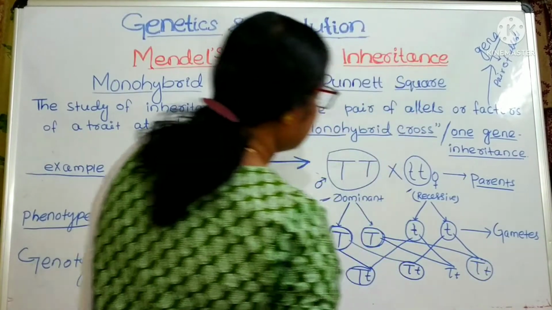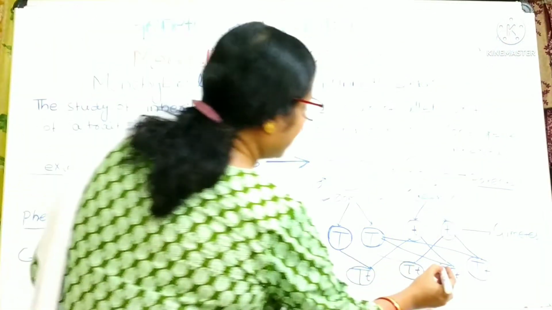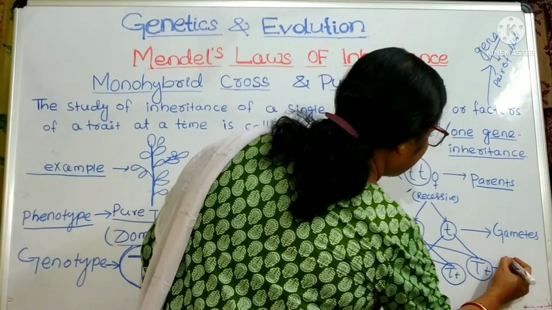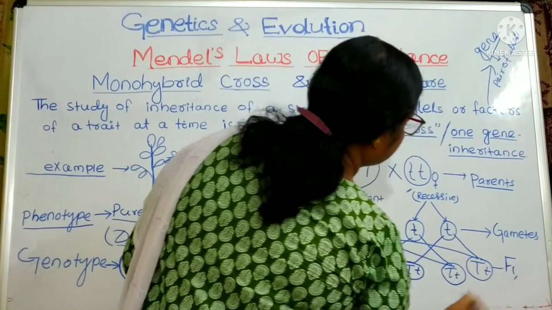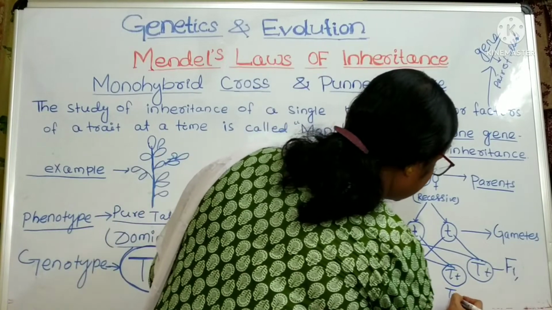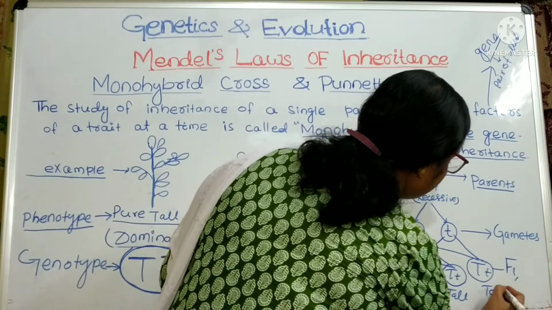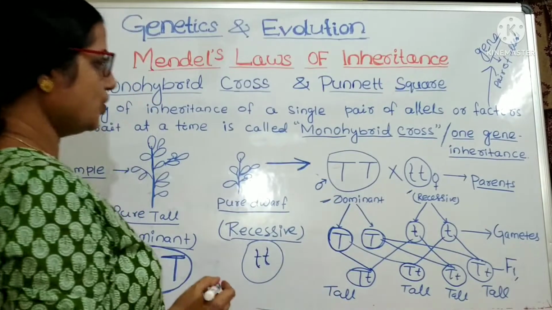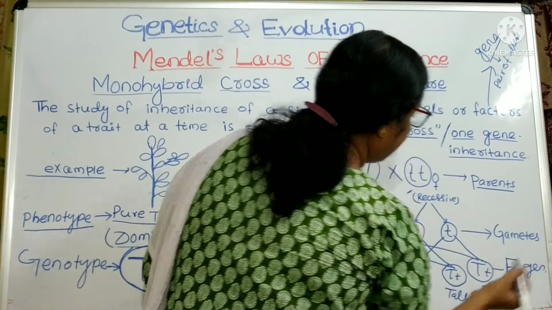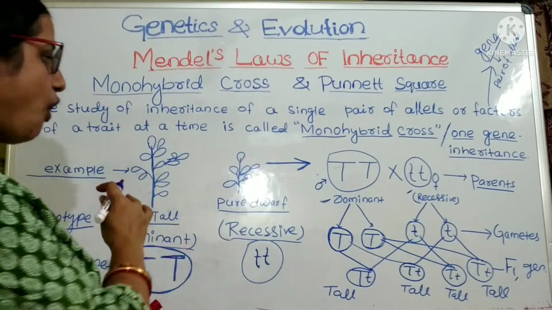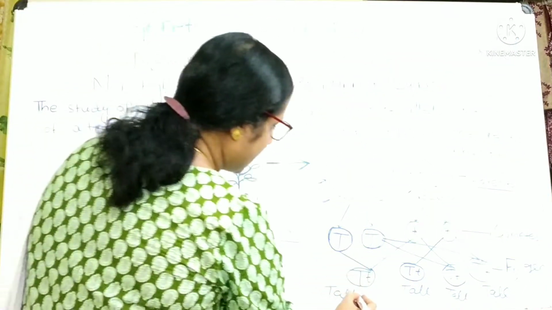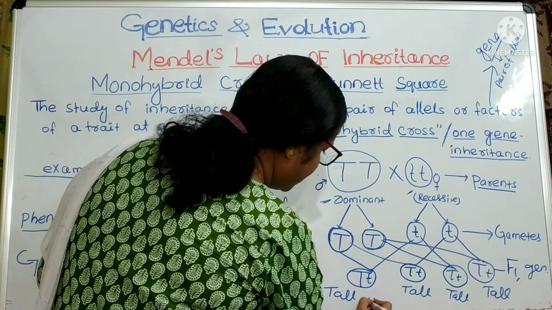These are the F1 generation. This is tall, this is also tall, this is tall, and this is also tall. So in the F1 generation, Mendel got all plants tall, but these plants are hybrid tall.